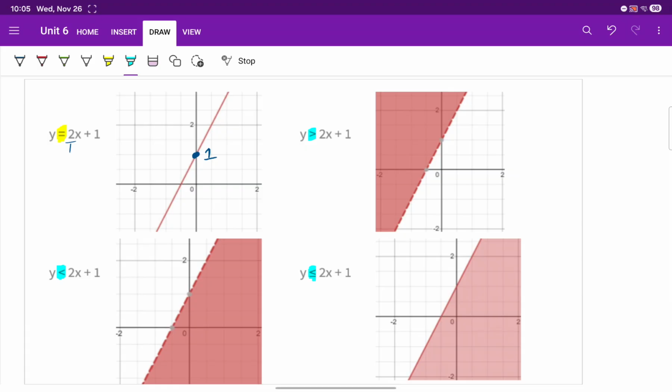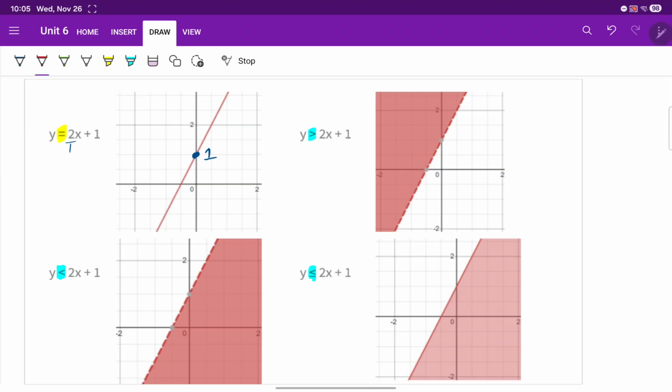Okay, I want to point out two things. One is the obvious difference about the inequality ones: half of the graph is shaded in or colored. Now, the key thing to look at is the direction of the inequality, okay?